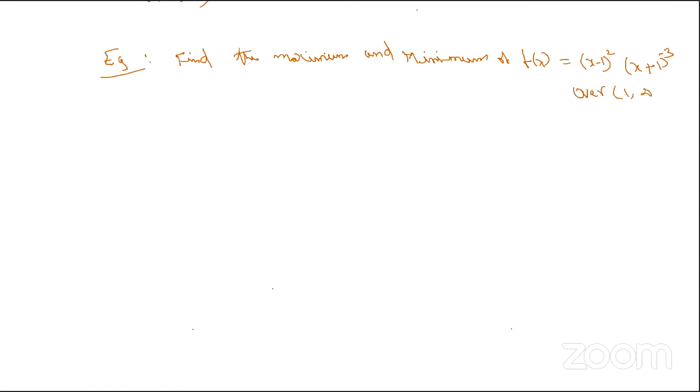Find the maximum and the minimum of f of x equal to (x minus 1) whole square into (x plus 1) whole power minus 3, over the interval 1 comma infinity.